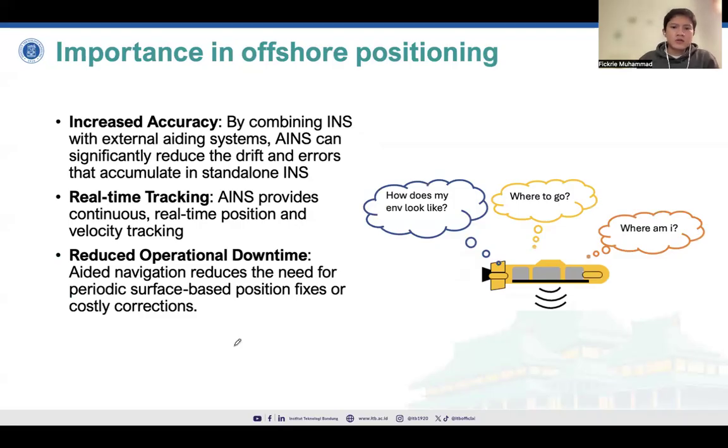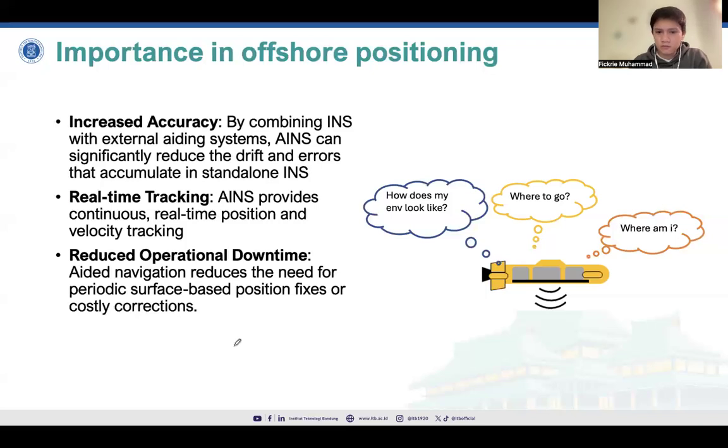So the importance in the offshore positioning, of course, is to increase the accuracies, because by combining the INS with external aiding systems like DVL, the AINS can significantly reduce the drift and errors that accumulate in a standalone INS.